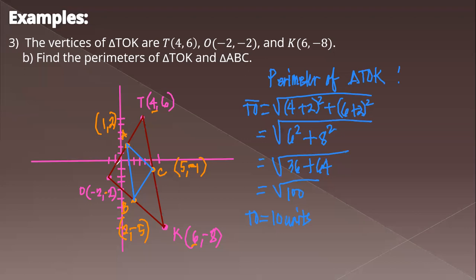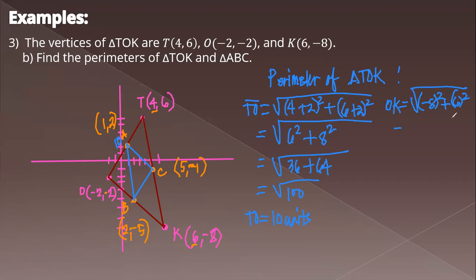Next is we need to get the distance of OK. So the distance of OK is equal to the square root of, gamitin na lang natin yung ating formula. We have negative 2 minus 6 is negative 8 square, plus we have negative 2 minus negative 8, that is negative 2 plus 8. So that will become positive 6 square.